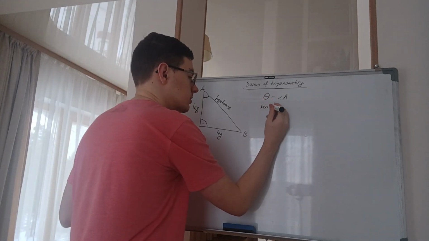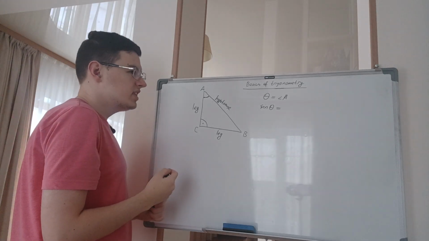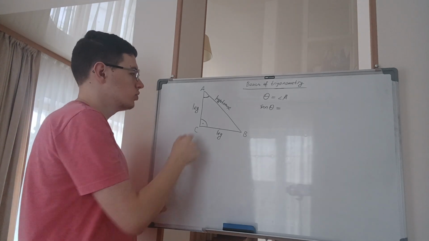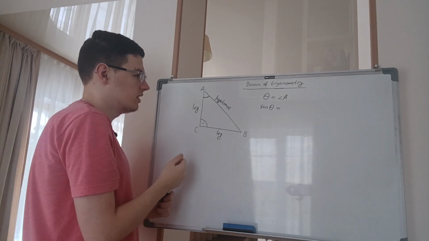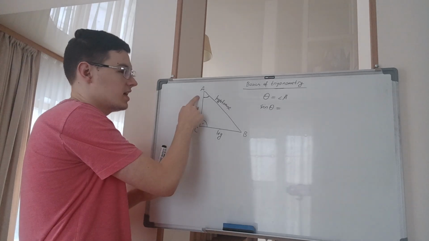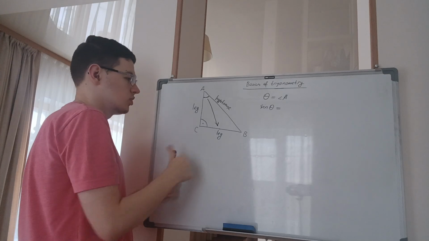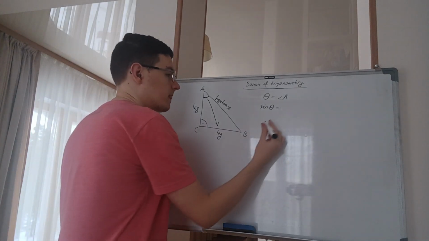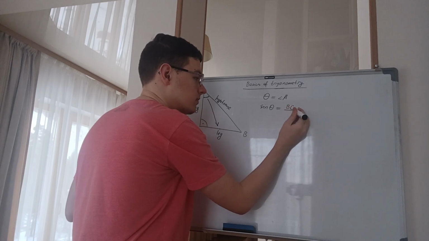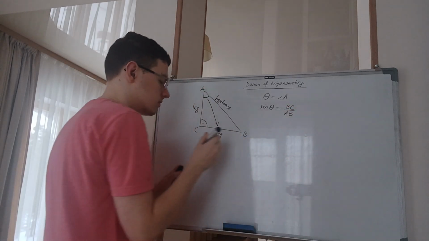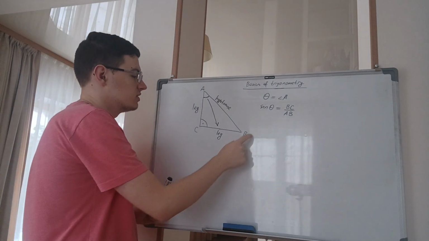The sine function of theta is... now we need to find the opposite leg to the angle A. The opposite one is BC, since it doesn't lie next to the angle A. So it's an opposite one. We need to take the ratio of the length of the opposite line to the hypotenuse. I remind you that the opposite line here is BC, and the hypotenuse here is always AB.